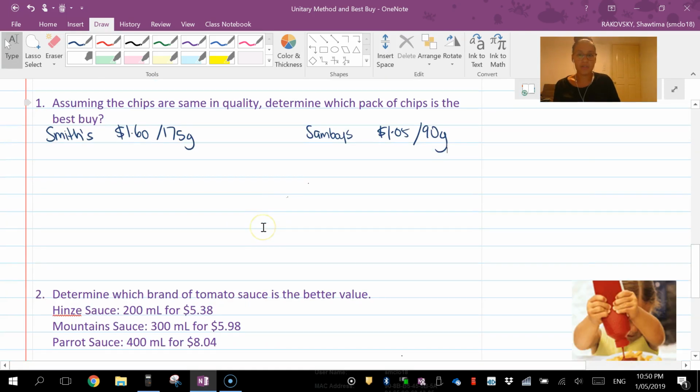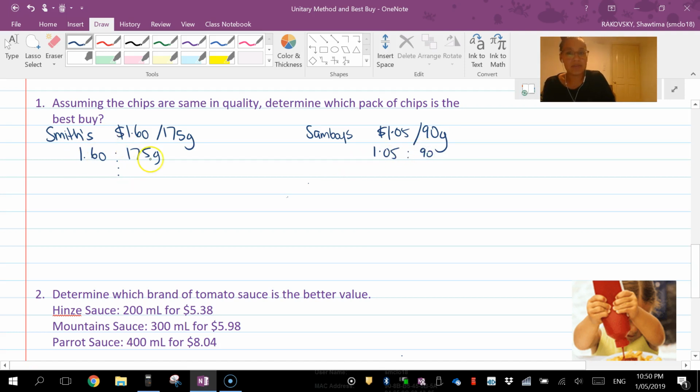So we're going to compare these two and make a decision. So the Smith's ones here, how I'm going to set up is a way that one of our other teachers uses, a method he calls Halo. So we're going to write this as a ratio. So $1.60 is to 175 grams. But this one over here is in 90 grams.